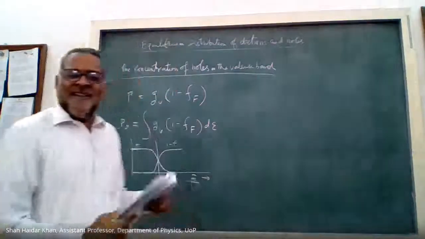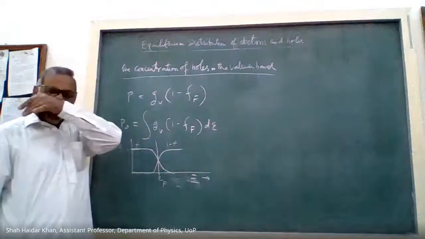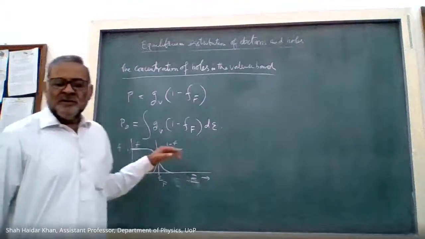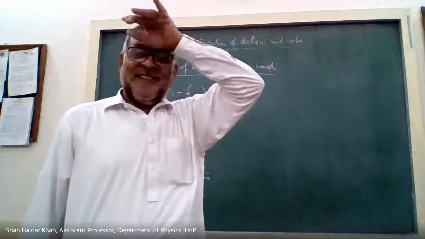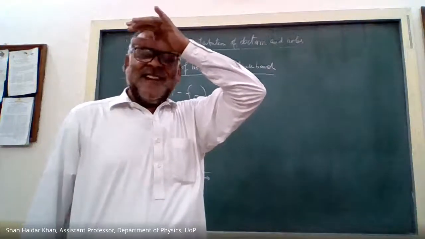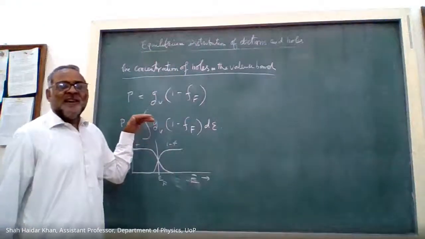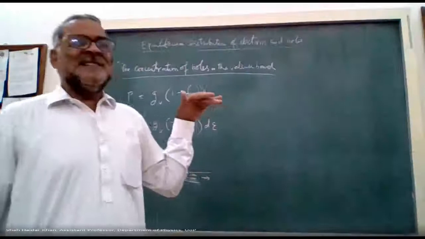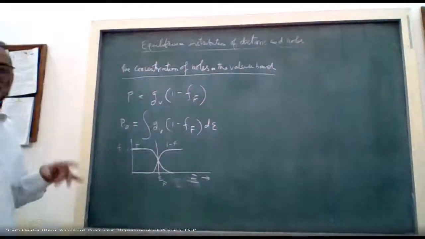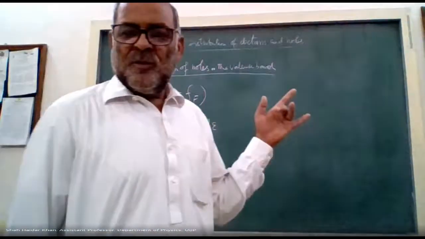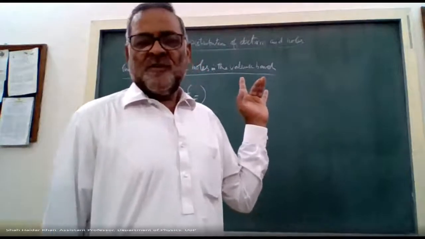So f for energies above the Fermi level, the function is the same. It was that Fermi-Dirac distribution, which we approximated with the Boltzmann distribution.